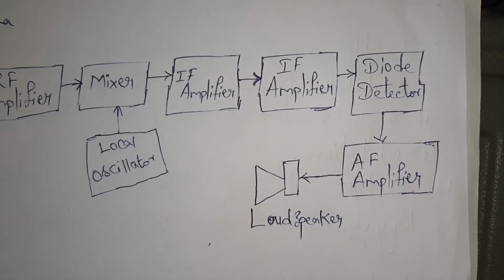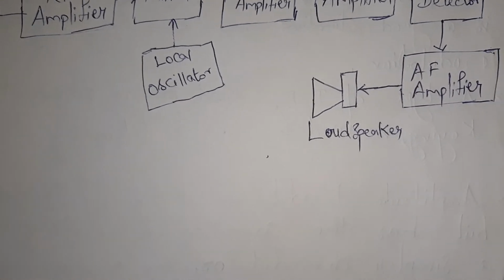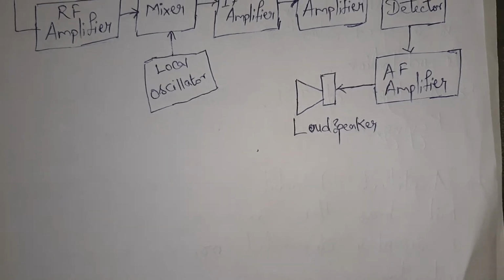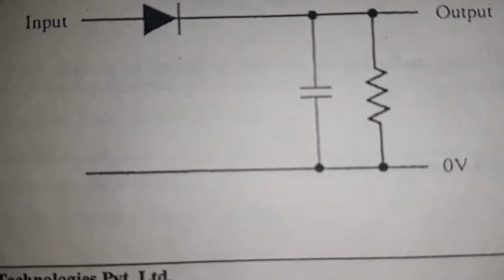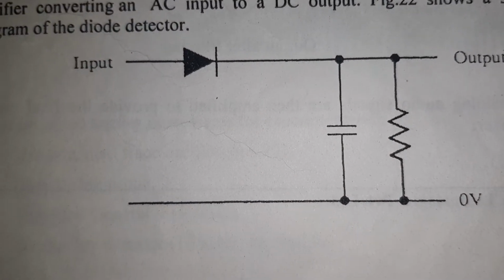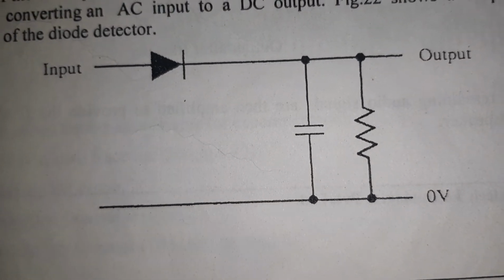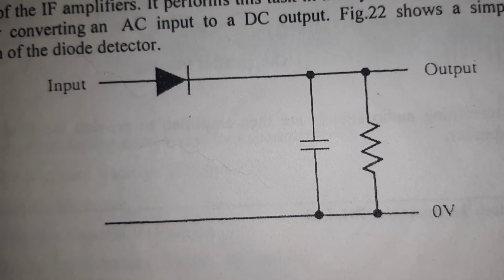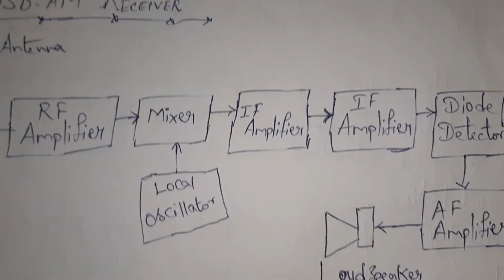I will show you the concept of the diode detector in this figure. You can observe we are using the diode, the input signal we can provide, and at the output both a capacitor and a resistor are connected. So this is the basic circuit for the diode detector.